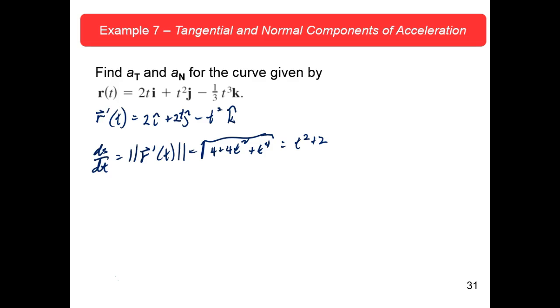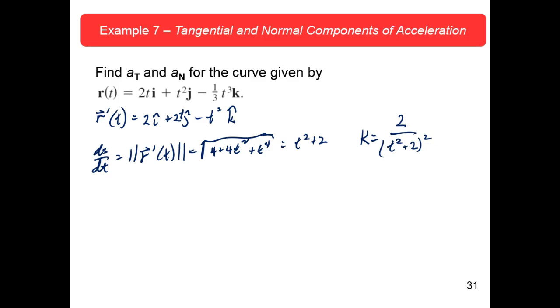Now, we need our curvature. And this is because it is the one we did back on example 5. That's the function. No reason to go back and recreate the wheel, okay? From example 5, we know the curvature, K, was 2 over t squared plus 2 squared.